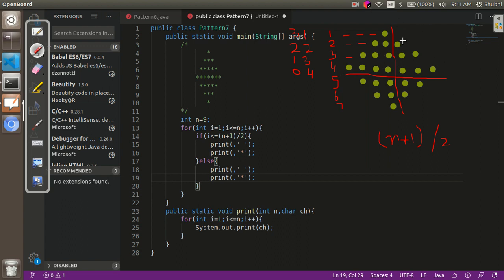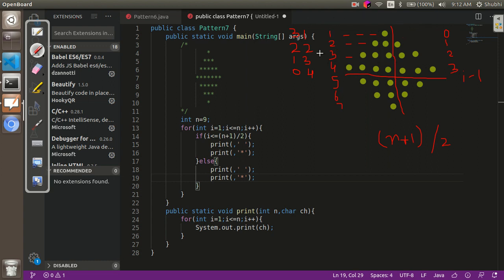And for the second half, over here for the first row, we have 0 characters. Then for the second row we have one character, the third row has 2 characters and the fourth row has 3 characters. This part is very simple. We can easily conclude that in this part the total number of characters being printed is equivalent to i minus 1.